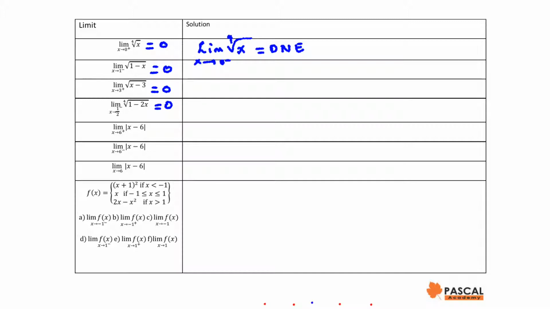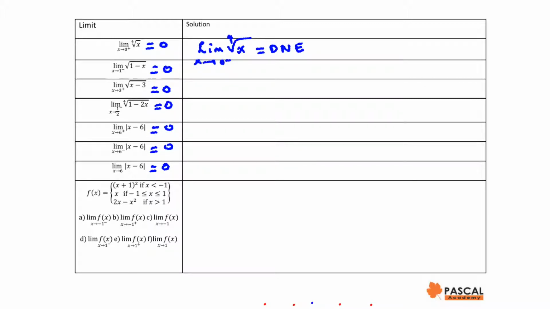When x approaches 6 from the right side and left side, the absolute value of x minus 6 is 0. Therefore, the limit of the absolute value of x minus 6 as x approaches 6 is 0, since the right side and left side limits both exist and they are the same.